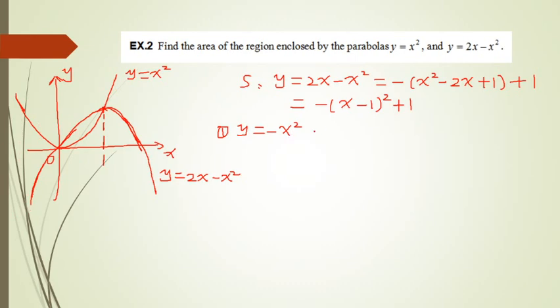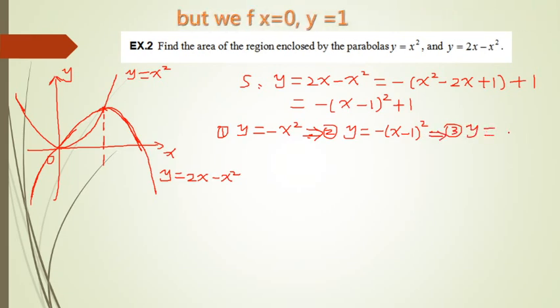And then you shift 1 unit to the right, which means you subtract 1 from x. And then you shift 1 unit upward.